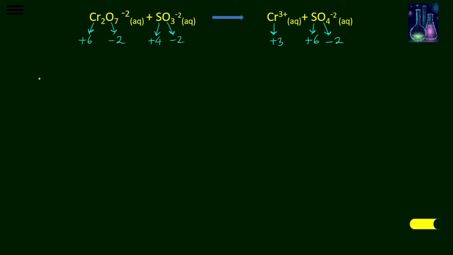So let's write the oxidation half reaction. Here SO3 minus 2 is converting into SO4 minus 2.